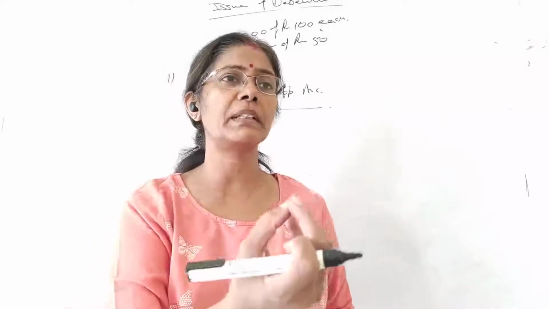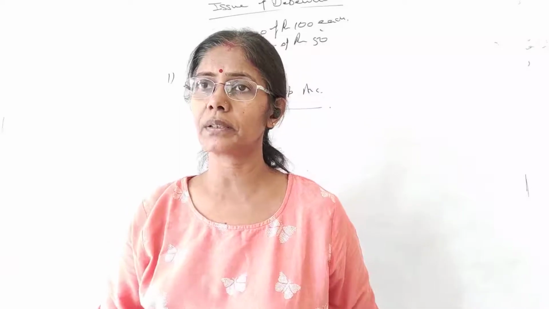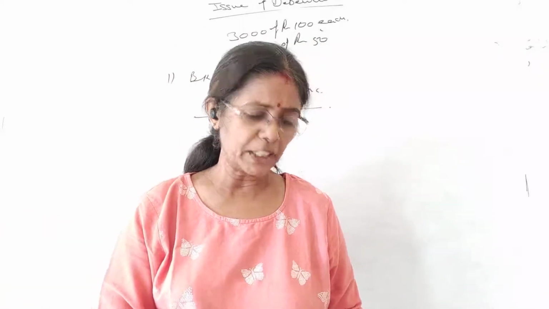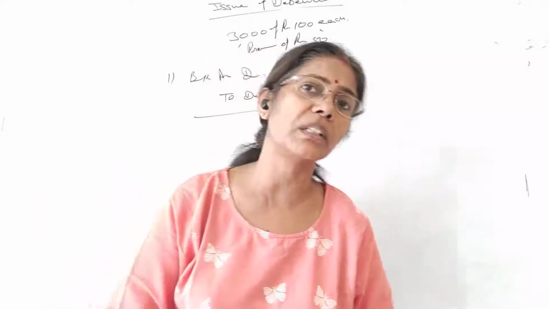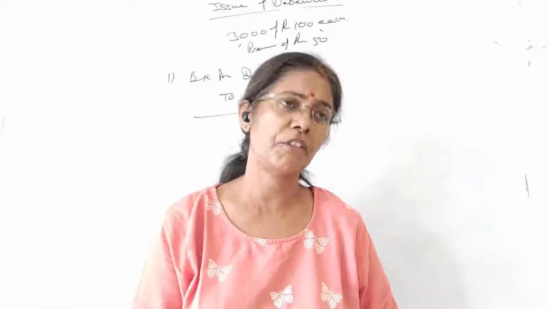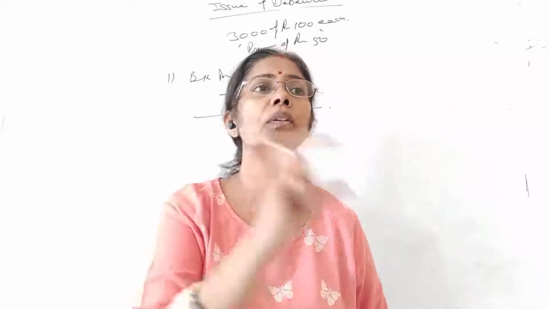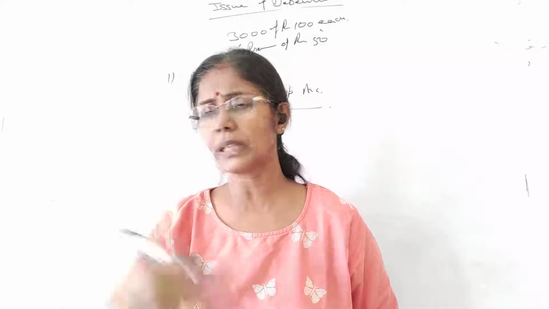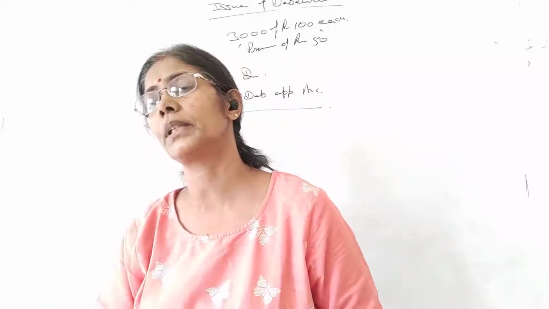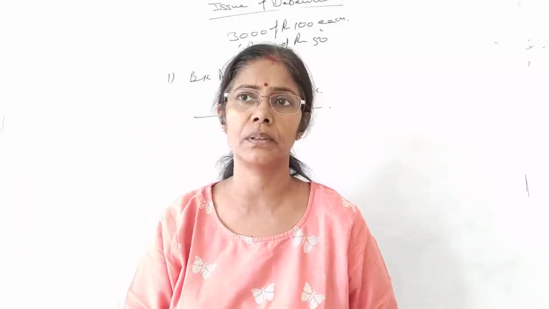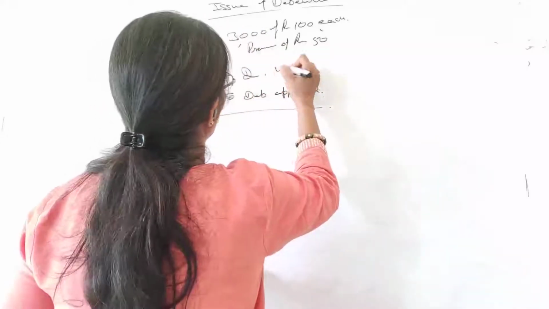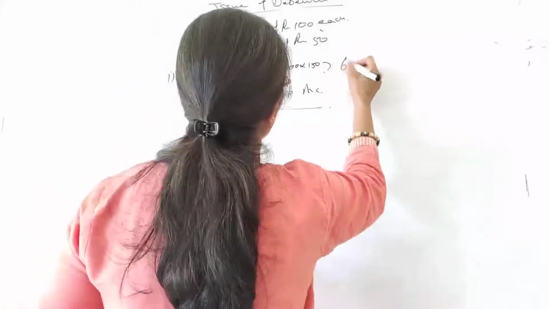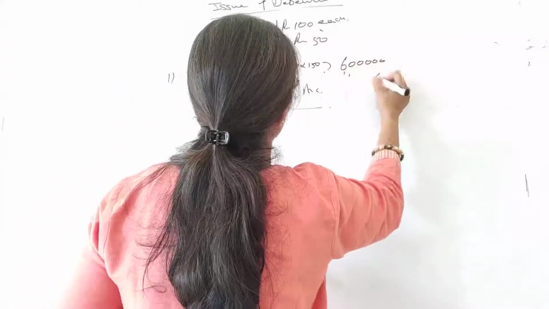Only one installment is there, that is application and allotment, so you have to pay the premium also. The extra applications will be refunded. Allotment is on a pro rata basis, but the money on the extra applications you have to refund completely, because the full amount has already been received. So 4,000 applications at 150 each comes to 6 lakh.